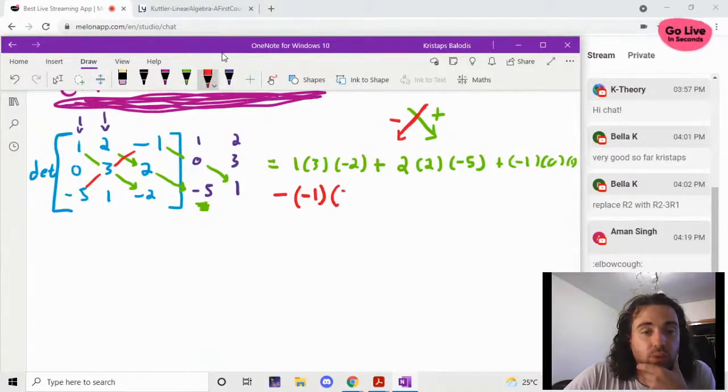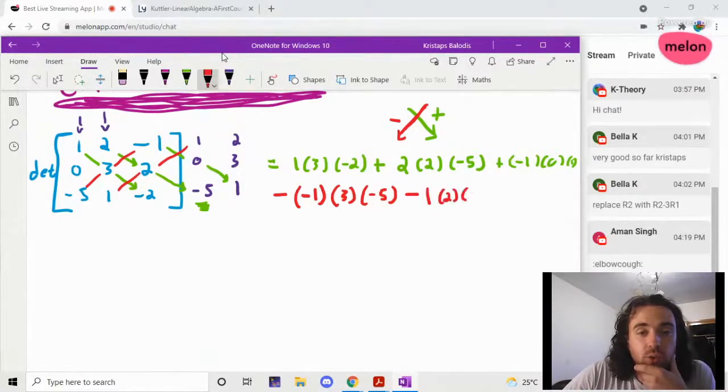So -1 times 3 times -5. And then down and to the left again, I put a minus sign in front, and it's 1 times 2 times 1. And then finally, minus 2 times 0 times -2.